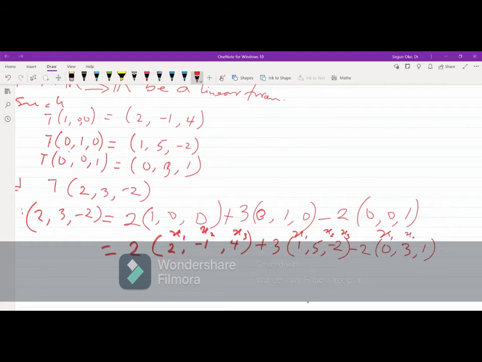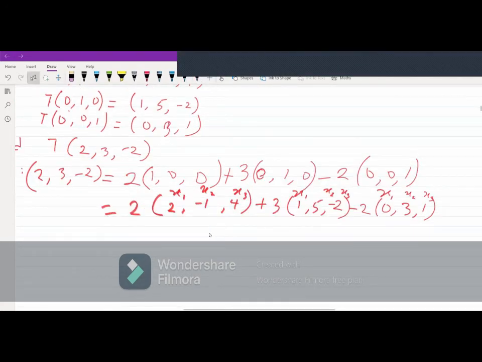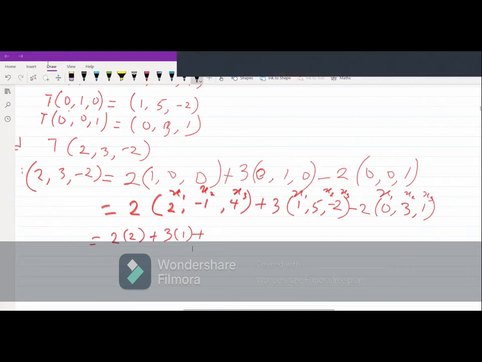So what it simply means is we need to multiply all the x1 with their coefficients. Meaning 2 in brackets 2, plus 3 in brackets 1, minus 2 in brackets 0.